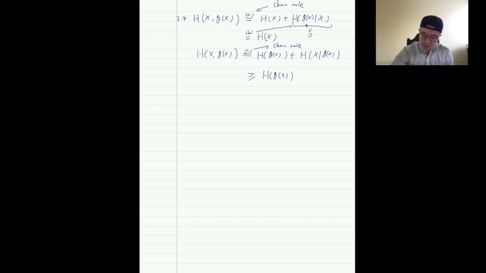The reason for this is D: this part is bigger than or equal to 0, and we drop this term, then we can get this, right? Therefore, H(X) is bigger than or equal to H(g(X)), okay? And then we're done. All right, so this is our question number 4.